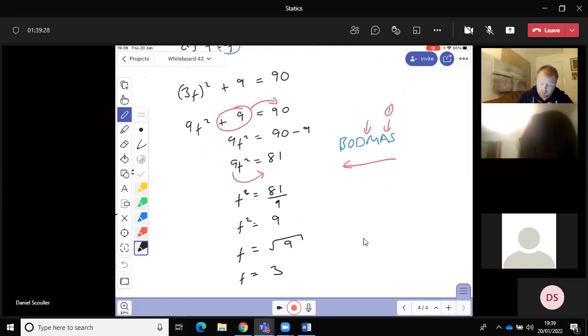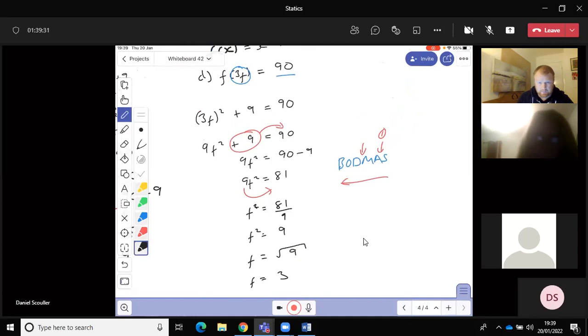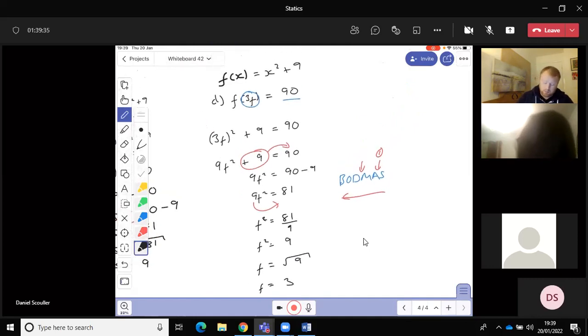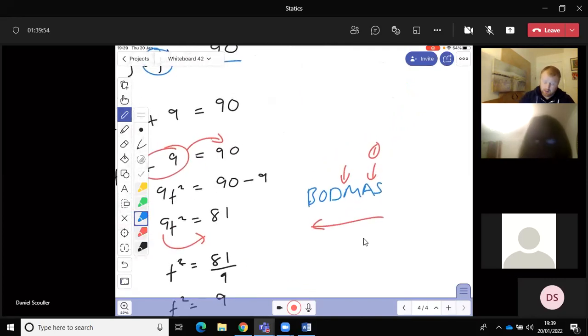It's a wee bit more to do. The important part here is this step. We're squaring that whole thing, so don't just write 3f squared. It'll be squaring everything in there. And then the moving there.